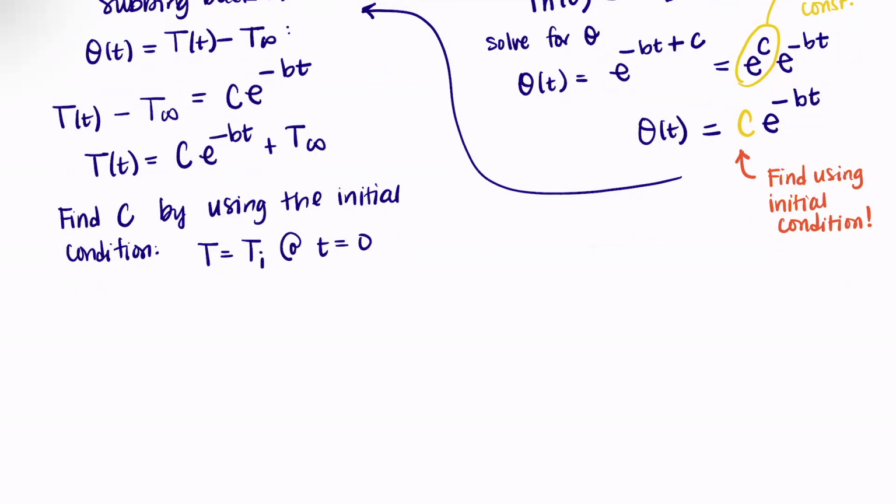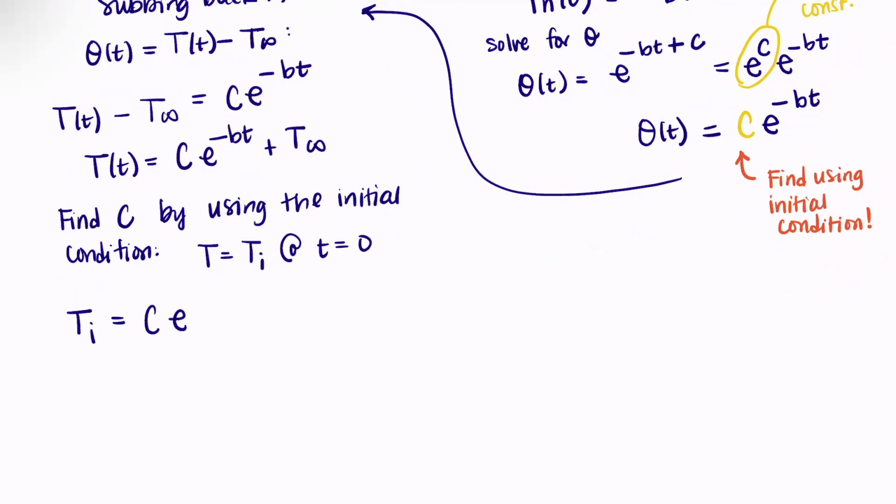All right, so we have that Ti is equal to C e to the minus B times 0 plus T infinity. e to the 0 is just 1. And so we have that C is then equal to Ti minus T infinity. So it's just the initial difference in temperature between our surroundings and the body.